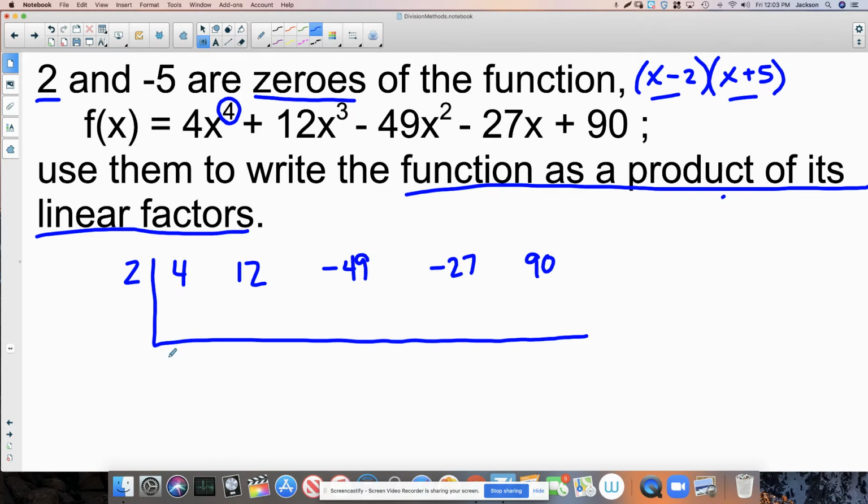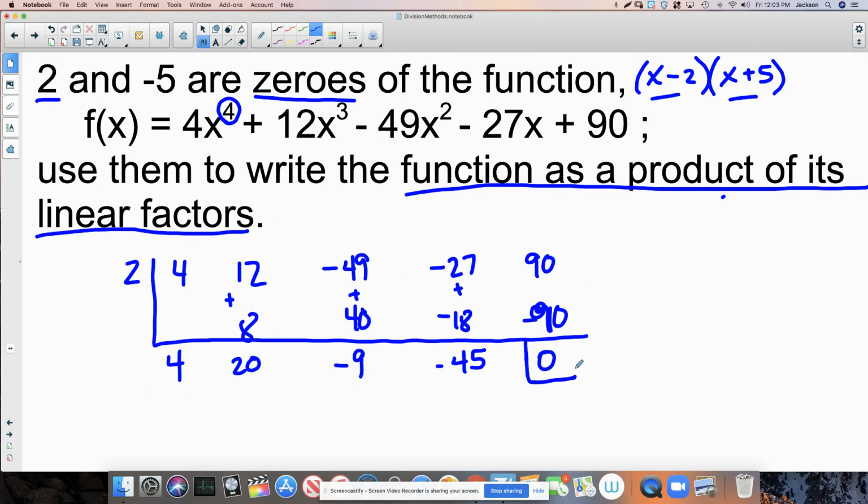Okay, this 4 comes down. 2 times 4 is 8, and we add 12 plus 8 is 20. 2 times 20 is 40, and we add, we get -9. 2 times -9 is -18, and we add, we get -45. 2 times -45 is -90, and we get 0.